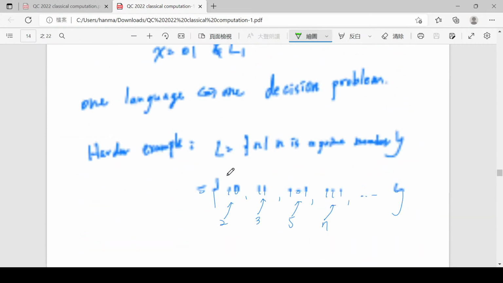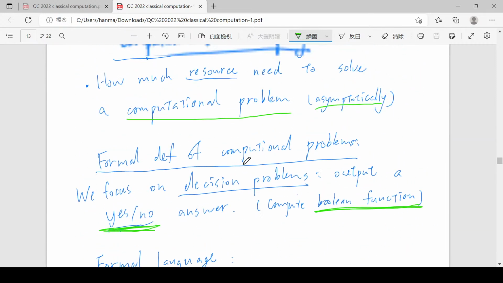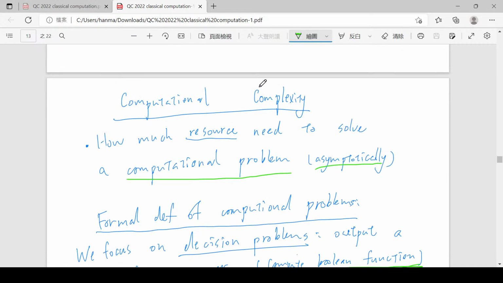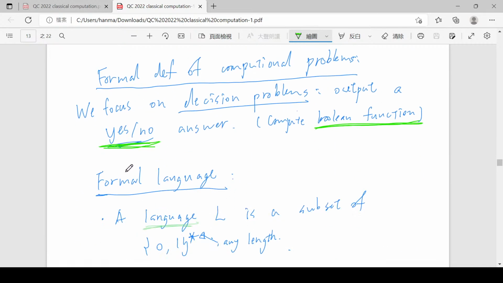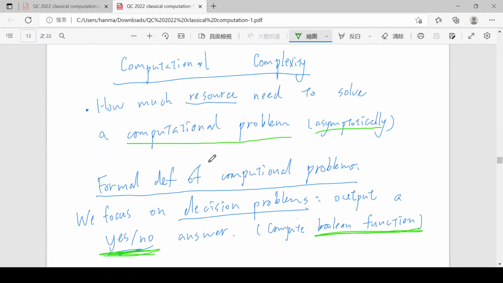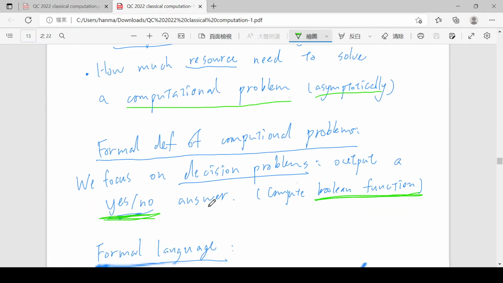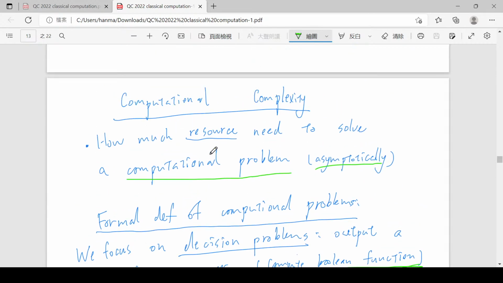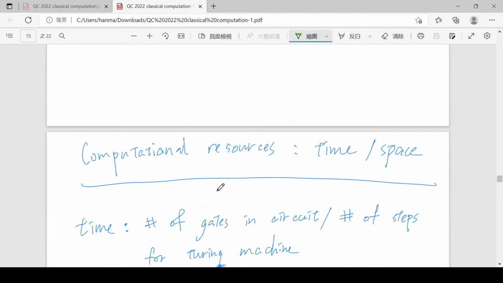Okay. And so as we say, in computational complexity, we want to see how much resources are needed to solve a computational problem. And we describe computational problem as formal language. Well, this is a bit of a restriction on computational problem, but for now we focus on decision problems. So that's computational problem, but now we talk about resource.